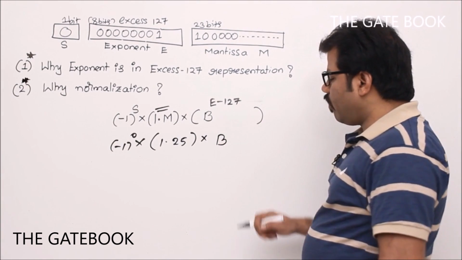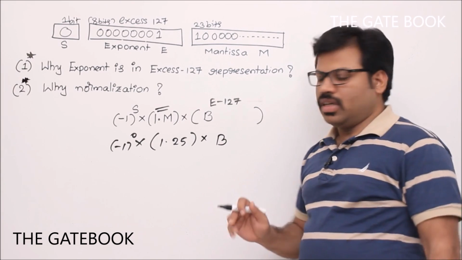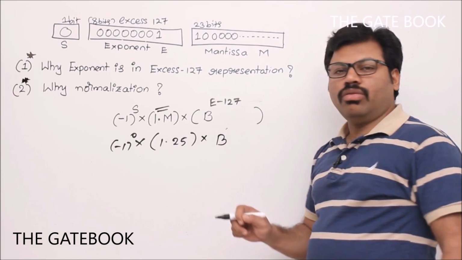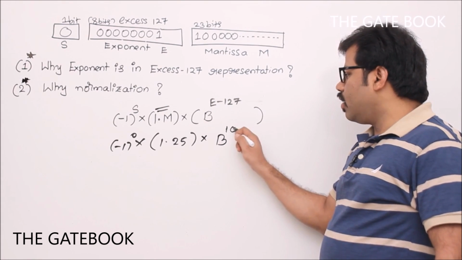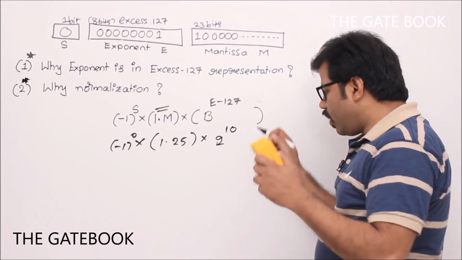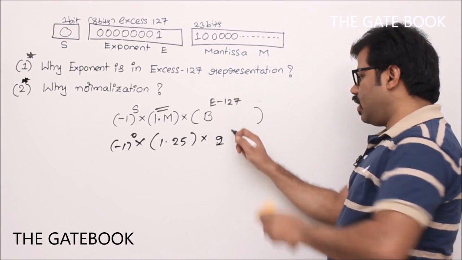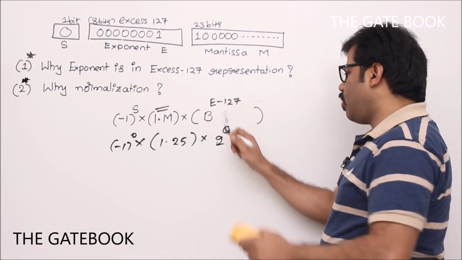So if I want to really represent the smallest number, that means I want a very small number, then this exponent is going to play a role, correct? If this exponent is 10, then it will be 1.25 into 2 power 10, right? If I want to reduce the number, then I can use 9 here, further 8, further, in that way I can come up to 0.